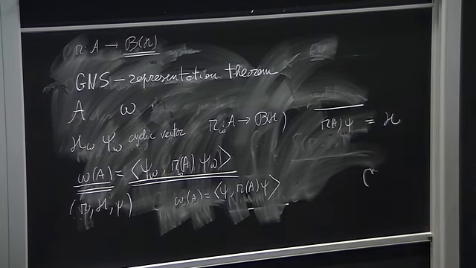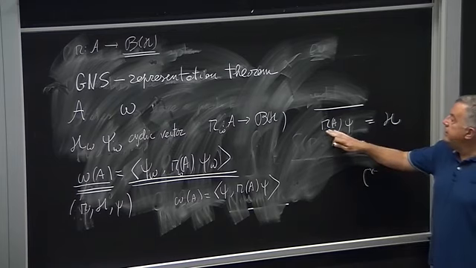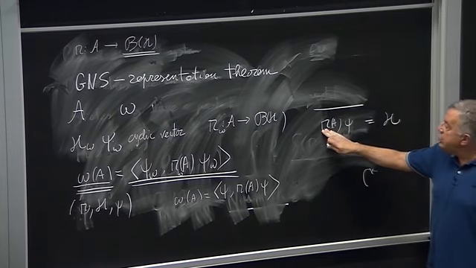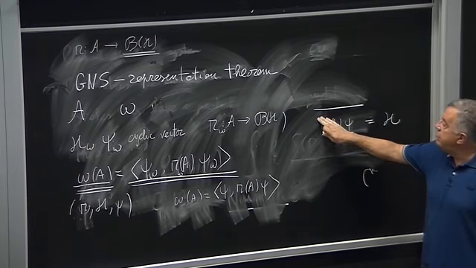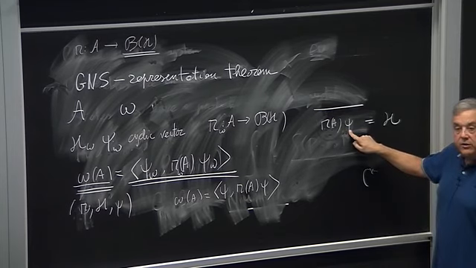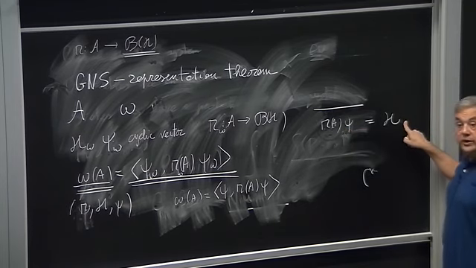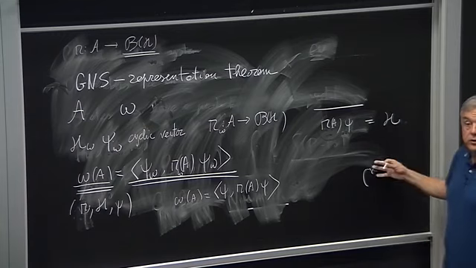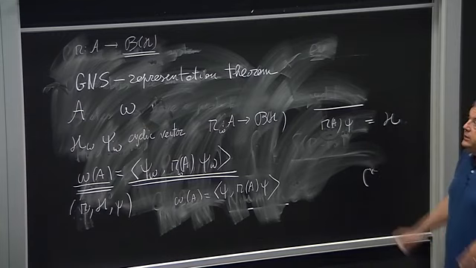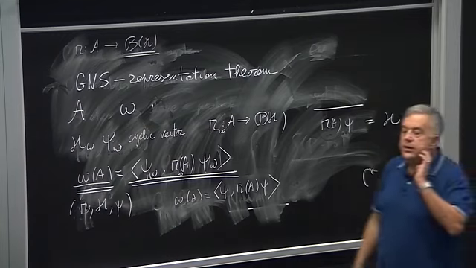Okay? So knowing the operation of all the elements of the algebra on the cyclic vector means knowing all the Hilbert space. There is nothing left out. Okay? So this is the GNS representation.